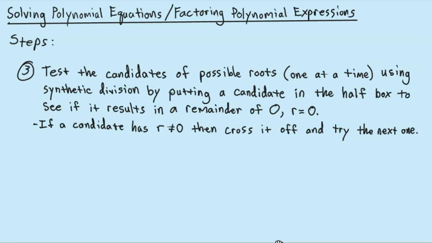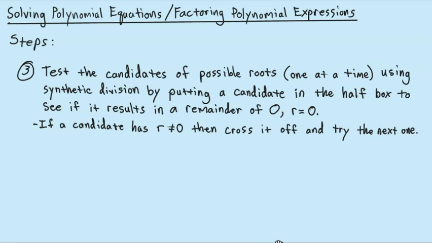Now this could result in having to cross off 5 or 6 of them, maybe even 9 or 10 of them. You've got to keep trying until you get one where the remainder is equal to 0. So if you keep getting candidates that have a remainder that's not equal to 0, there are two possibilities. Either it's not one of the solutions, it's not a root. The other possibility is you may be making mistakes in your synthetic division.